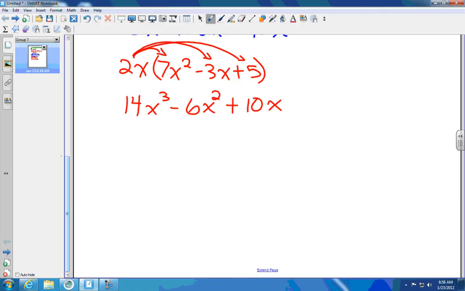Again, these are not the same. You can't combine those by addition or subtraction.